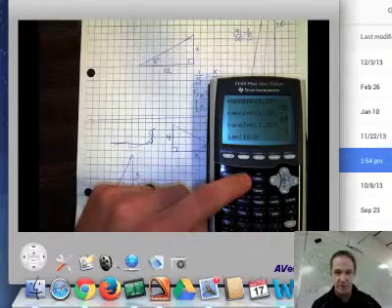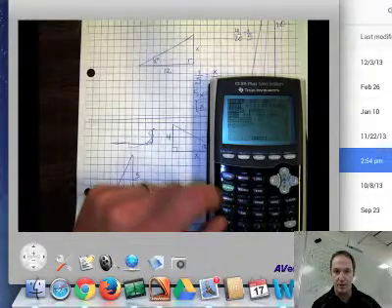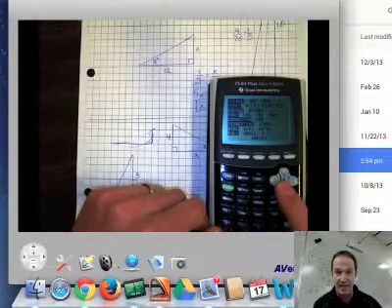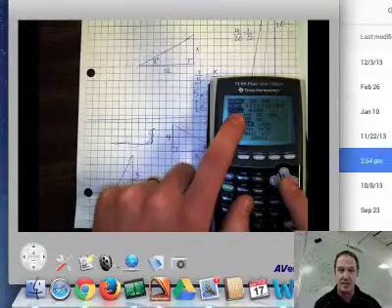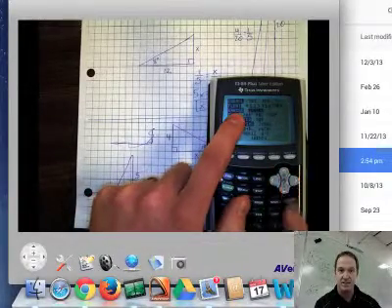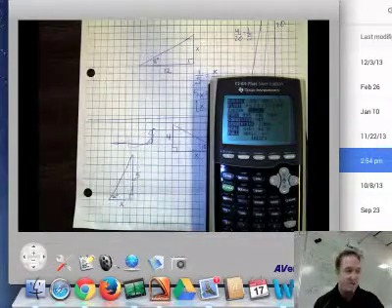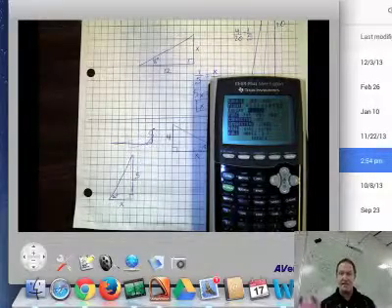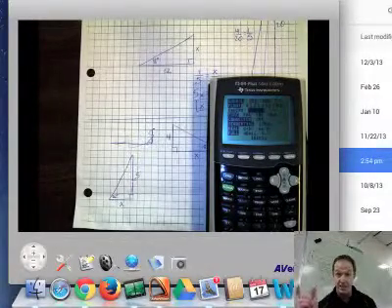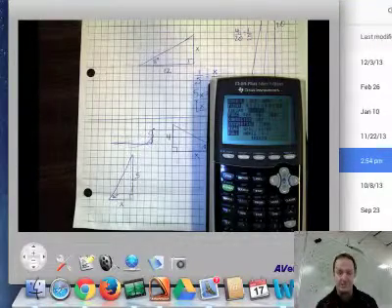If you have a calculator like this, you'll hit the mode button, and you'll see that right now I am totally in the wrong mode. I am in radian mode. So I need to go over here and hit enter so that now I am in degree mode. If you have a regular scientific calculator, it'll either say DEG in the normal kind of home screen that you have, or it'll say nothing.